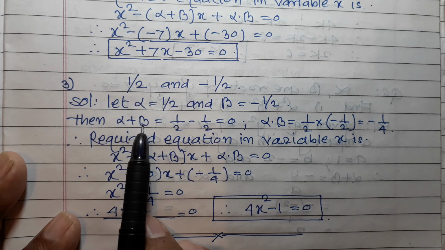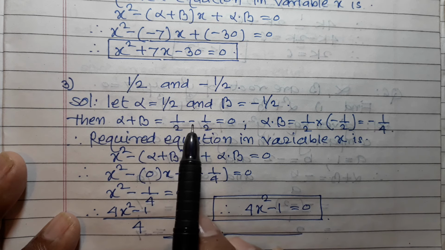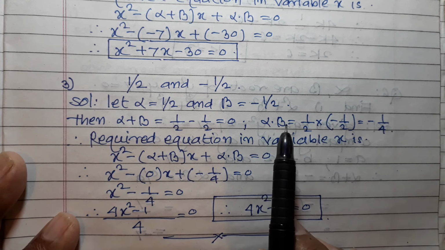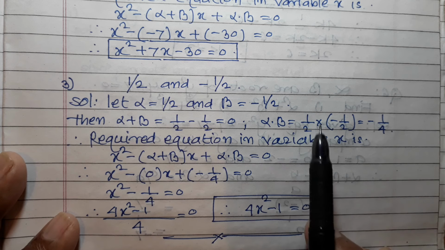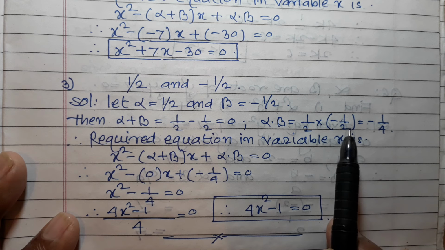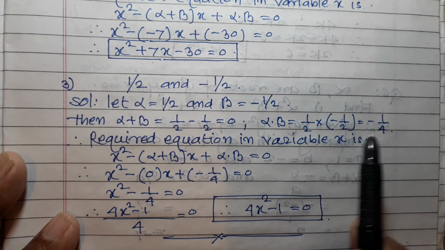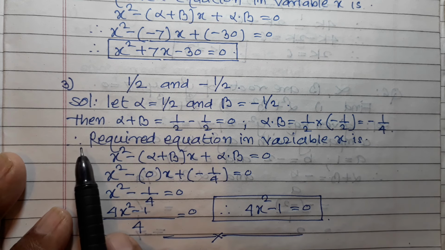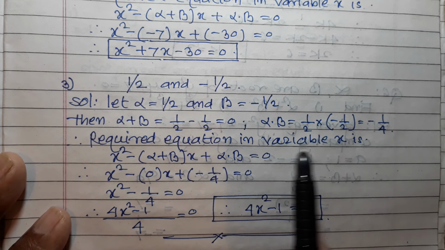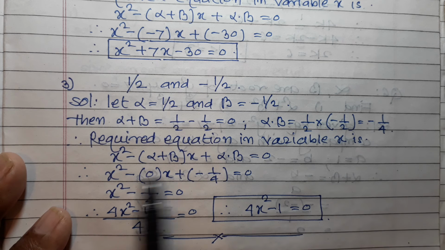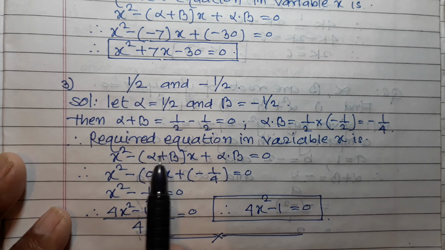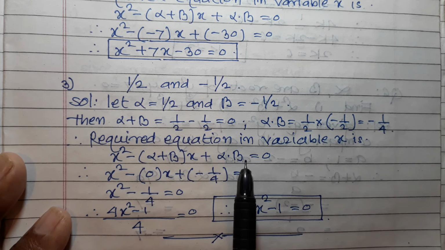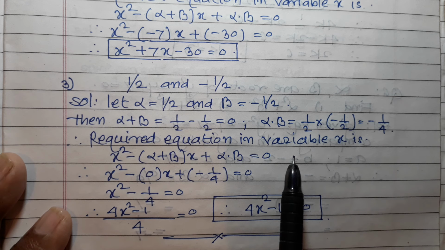So alpha plus beta is equal to 1 upon 2 minus 1 upon 2 is equal to 0, and alpha into beta is equal to 1 upon 2 into minus 1 upon 2 is equal to minus 1 upon 4. And therefore the required equation in variable x is x square minus alpha plus beta x plus alpha into beta is equal to 0.